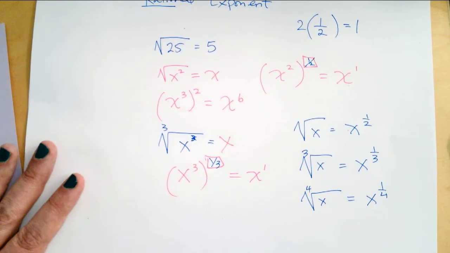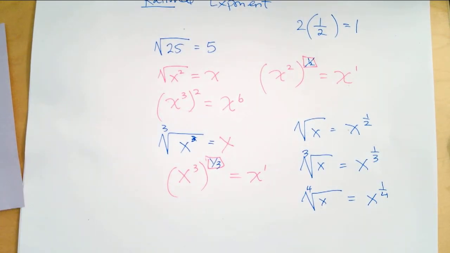Okay, so it turns out we have what's called a rational exponent. A rational exponent, all that means is that it's an exponent that has a fraction.